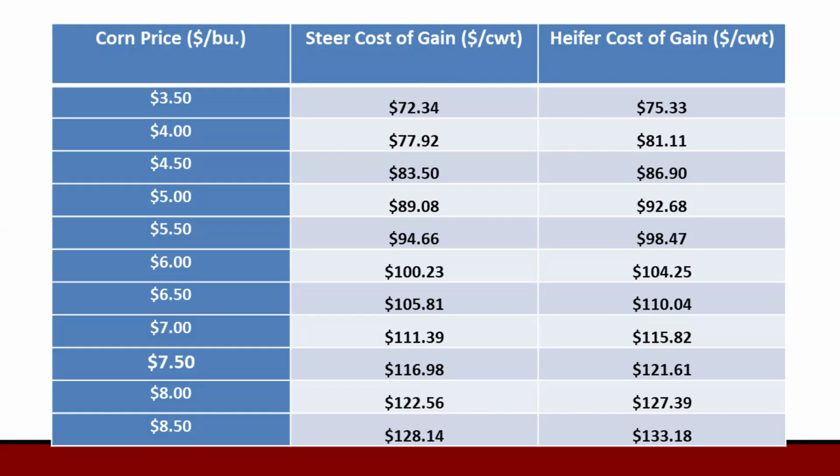Why is that? Yeah, they take more feed per unit of gain. They're less efficient. And it's literally because at the same body weight, they're at a higher stage of physiological maturity. And so they are putting more fat in their gain than a steer.